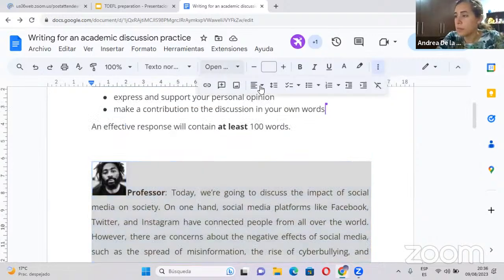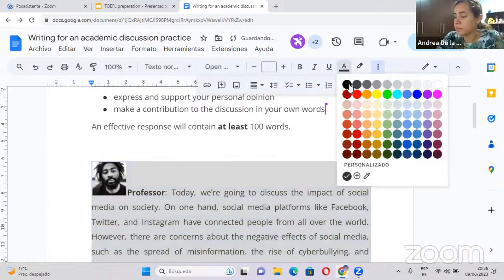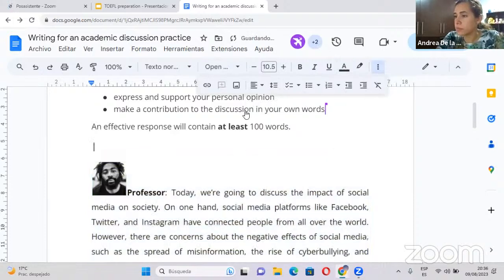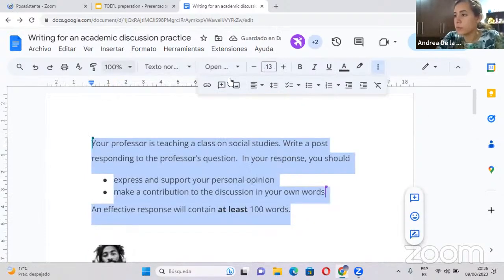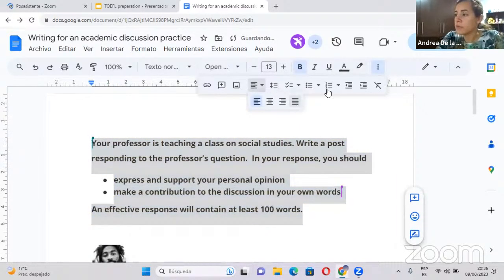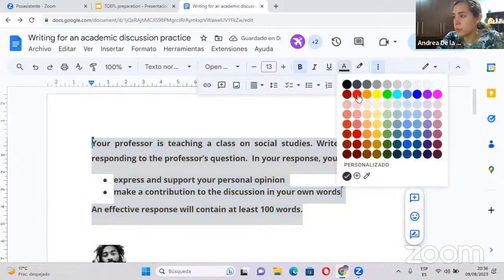Okay, great. Okay, guys, so you already know the instructions, you already know what to do. Remember, you have 10 minutes to write your post, right?